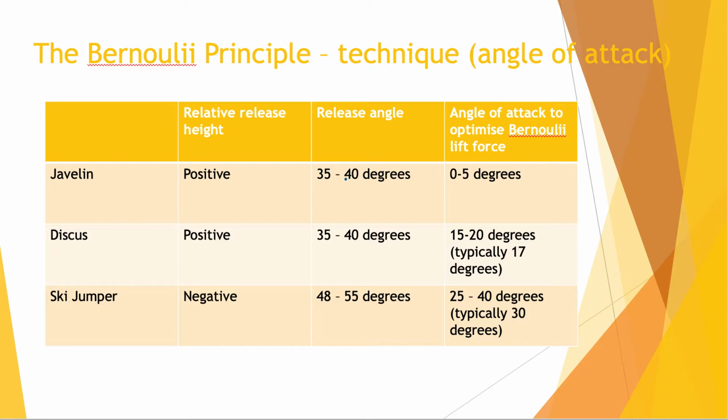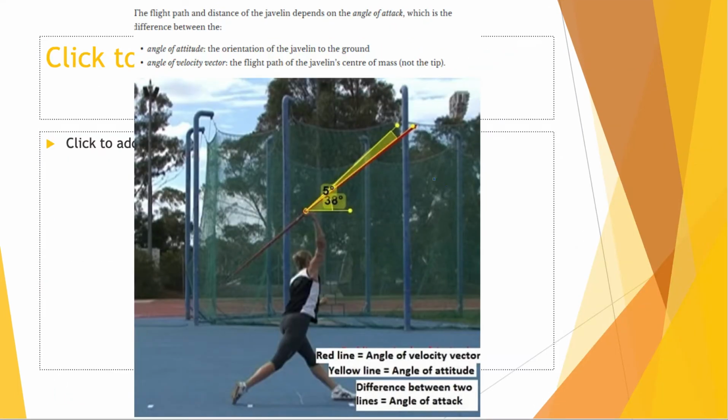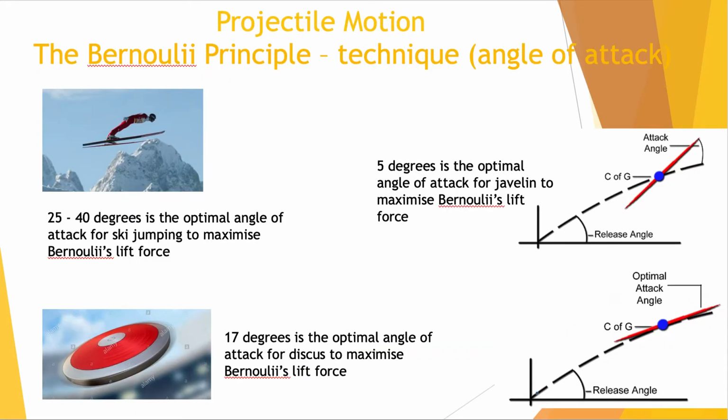That's the angle of release. The difference between the angle of release and the angle of attack is the difference between what's called the angle of the velocity vector, which is the flight path of the centre of mass. So this diagram shows the flight path of the centre of mass, okay?